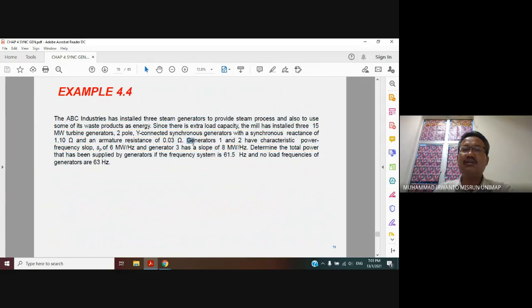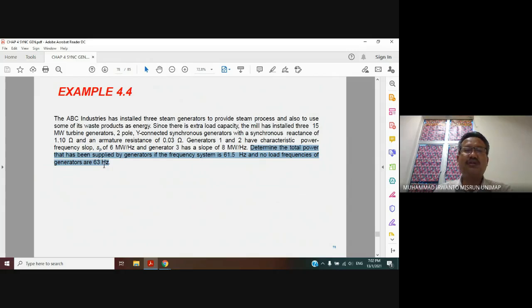Generators 1 and 2 have a characteristic power frequency slope SP of 6 megawatt per hertz, and generator 3 has a slope of 8 megawatt per hertz. The question is to determine the total power that is supplied by the generators if the system frequency is 61.5 Hz and the no load frequency of the generators is 63 Hz.